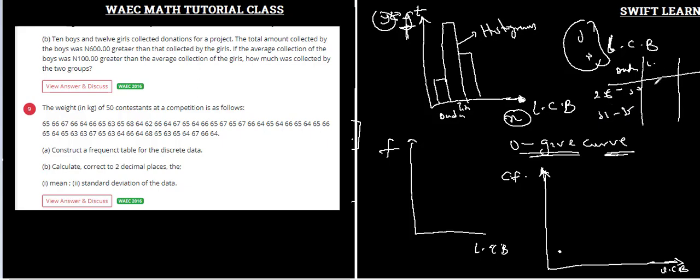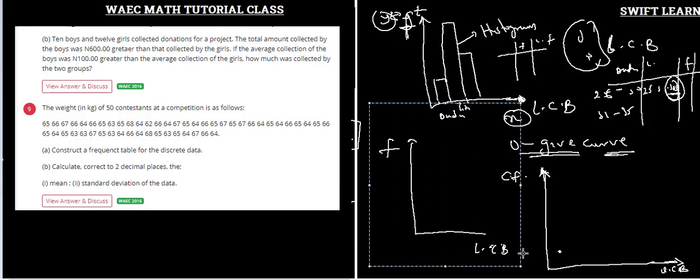The lower class boundary and upper class boundary can be 25.5, 30.5, like that. So ensure you are using the upper class boundary. Let's say this is the frequency, then you must have a cumulative frequency table. What is cumulative frequency? Sorry, I have to make this bolder so you can see what we are talking about.